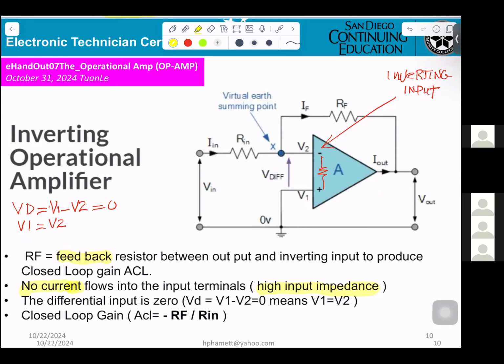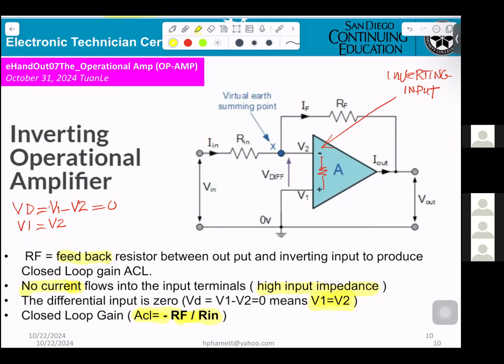VD equals V1 minus V2 equals 0. That's telling you V1 equals V2. And they've given you the formula: the gain of the inverting amplifier equals minus RF divided by Rin. That is the summary, and I will explain it to you.